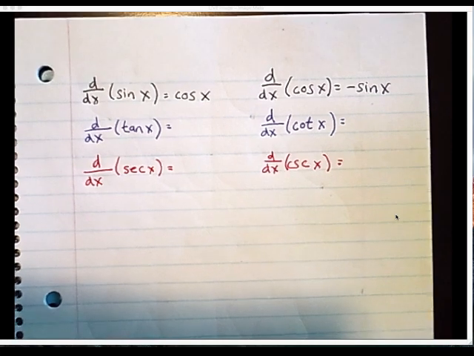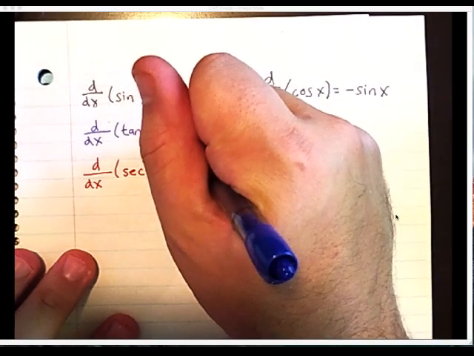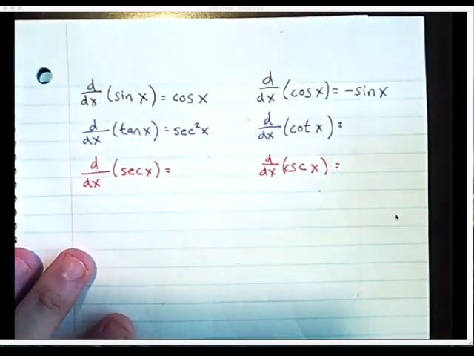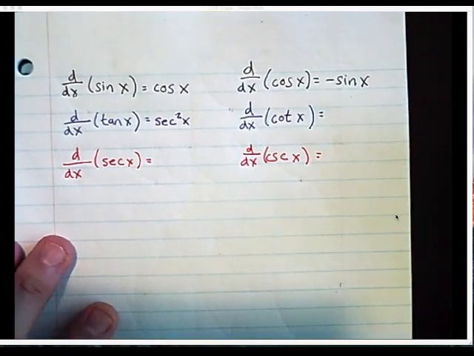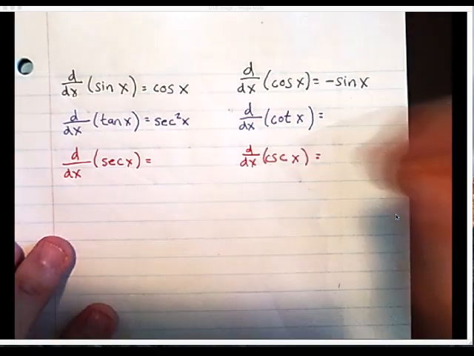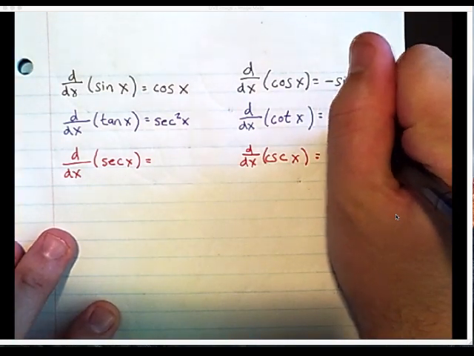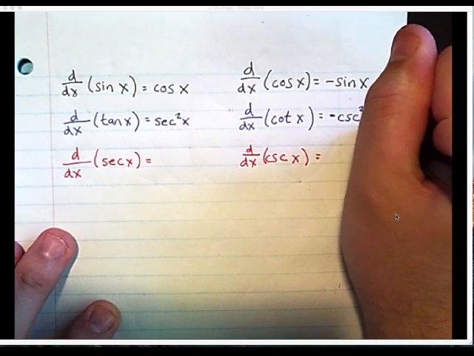So the derivative of tangent is actually secant squared. The derivative of cotangent is negative cosecant squared.